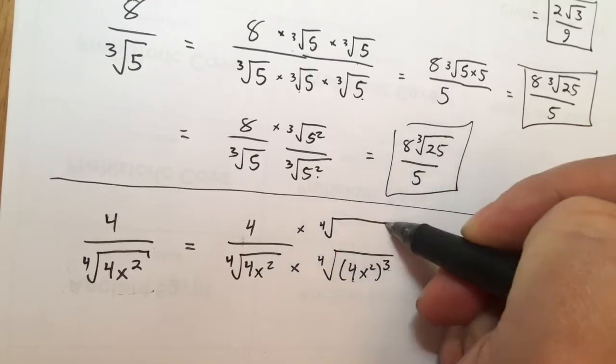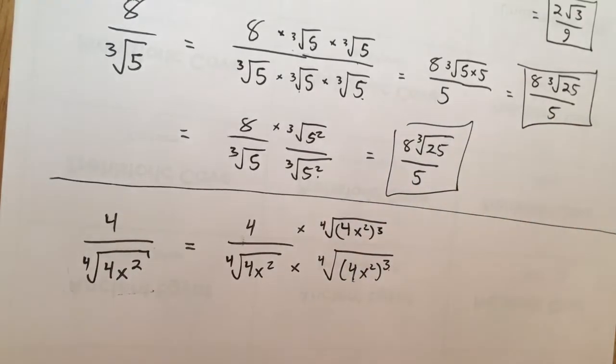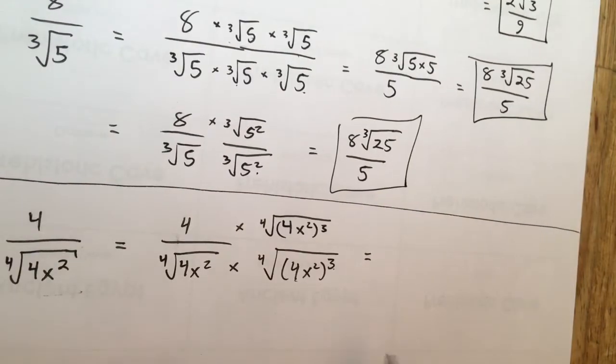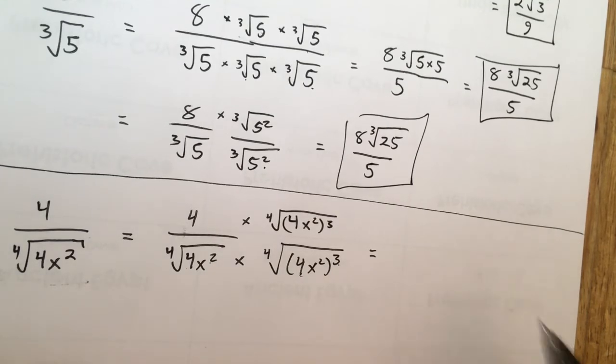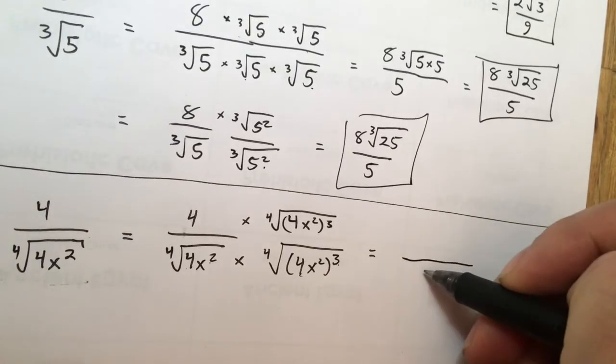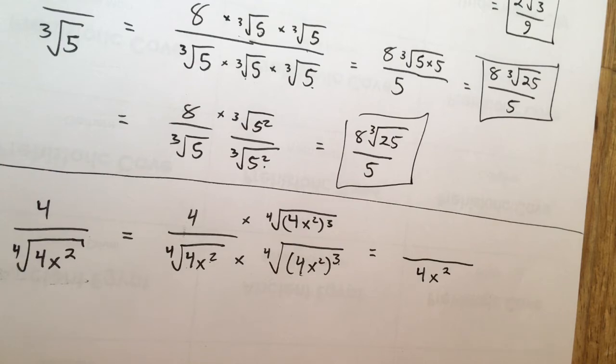And we have to do that to the numerator and the denominator. So let's see what happens. In the denominator, I've got 4x squared times 4x squared cubed. That's 4x squared to the 4th. And then the 4th root, they undo each other. So I'm just left with 4x squared in the denominator.